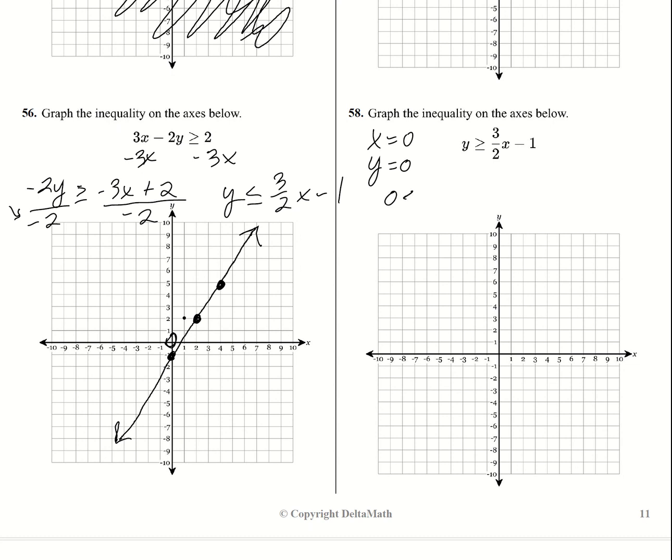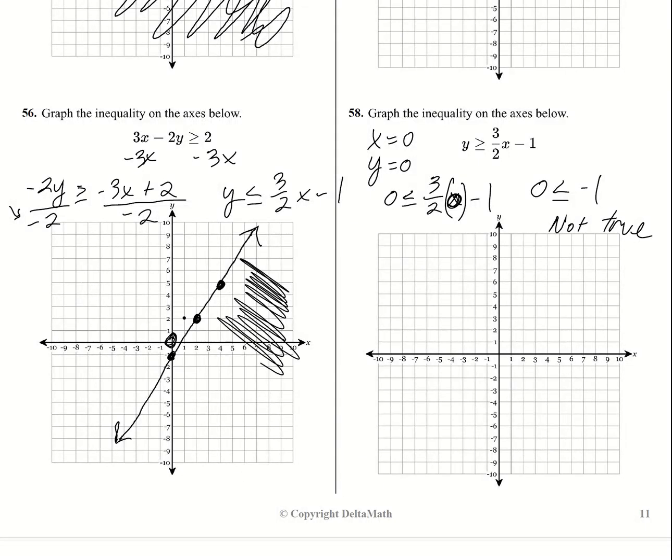So 0 is less than or equal to 3/2 x minus 1, and x is 0, so I'm going to plug 0 in for x. 3/2 times 0 is 0, so 0 is less than or equal to negative 1. That is not true. So that means this point 0, 0 is not in our function, which would mean that we would shade opposite of that.